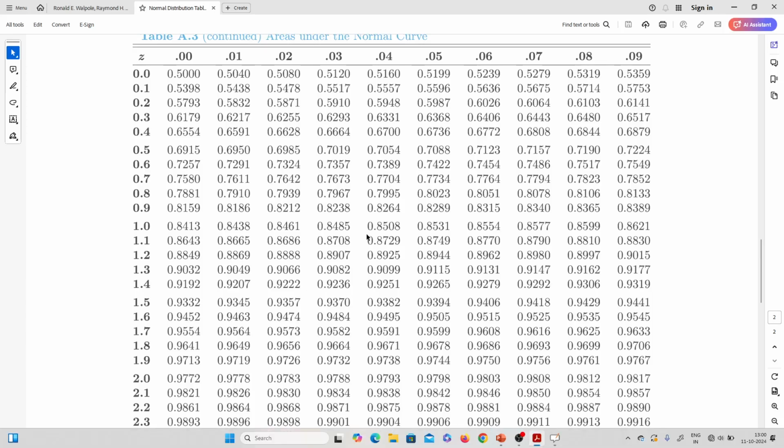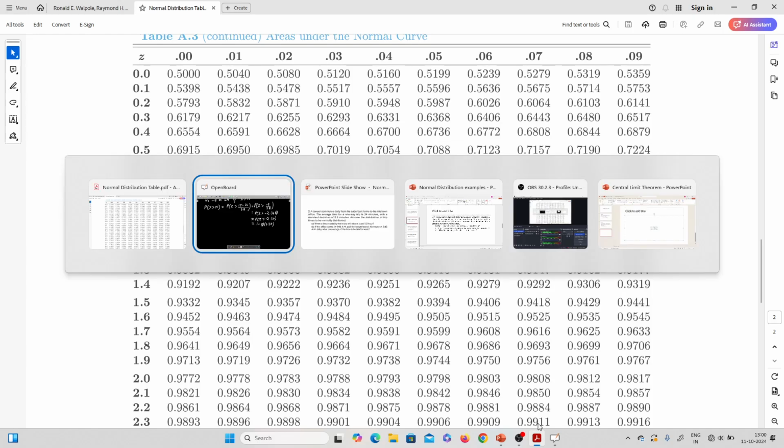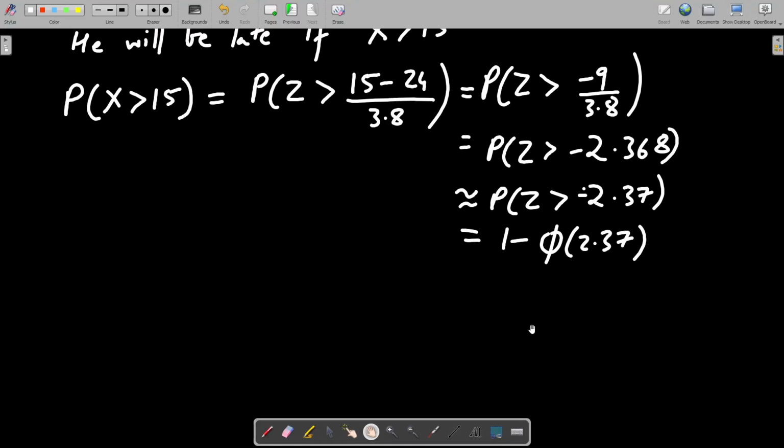2.37, so 2.3 and 2.37, 99 level. There's a minus sign here, no?